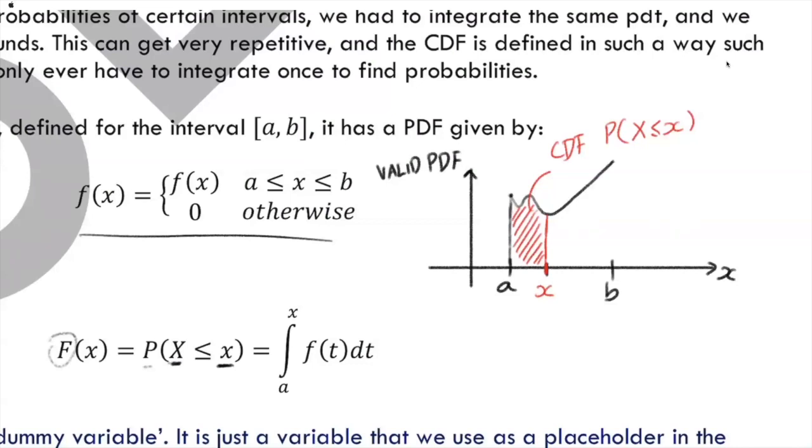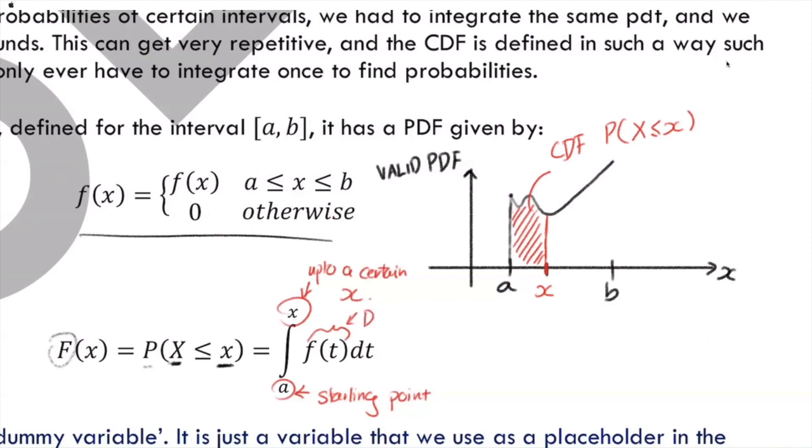Because that automatically integrates you from the starting point up to 10. So that's why we denote it by this integral here. It's the integral from the starting point up to a certain X of this here, which is my PDF.